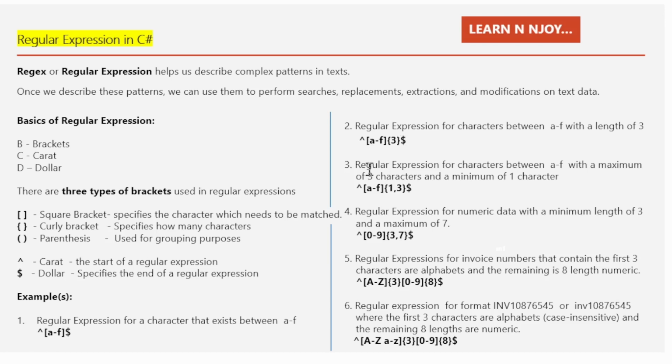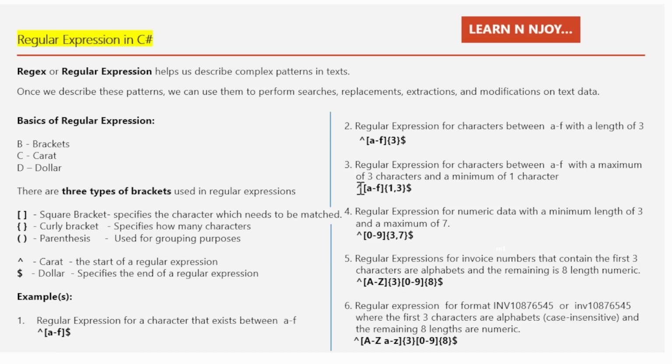Now see example number 3, where the requirement is we need to write a regular expression for characters between A to F, maximum 3 characters and a minimum of 1 character. So whenever we need to mention minimum and maximum characters, we write it in a curly bracket. First we write the minimum character length, comma, maximum character length. Other things would remain the same as we saw in the previous example. So what would be our regular expression?